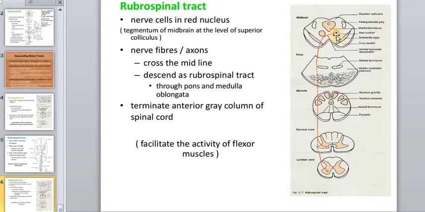move fibers, axons cross the midline, descend as rubrospinal tracts through the pons and medulla oblongata, and terminate in the anterior gray column of the spinal cord, and facilitate the activity of flexor muscles.